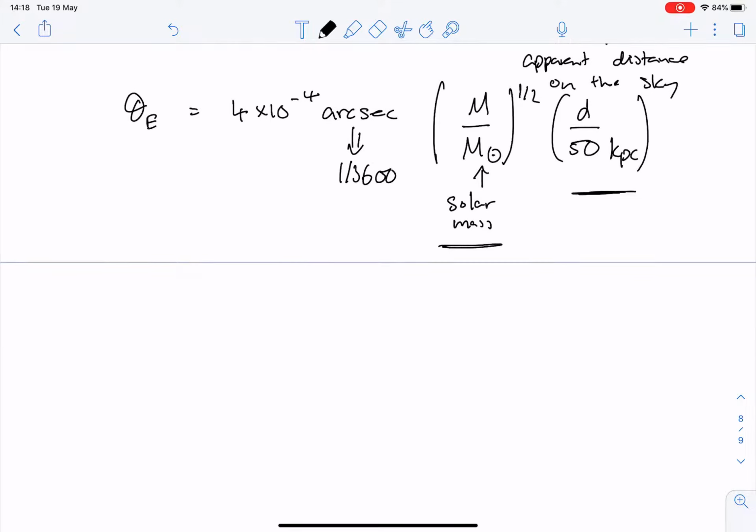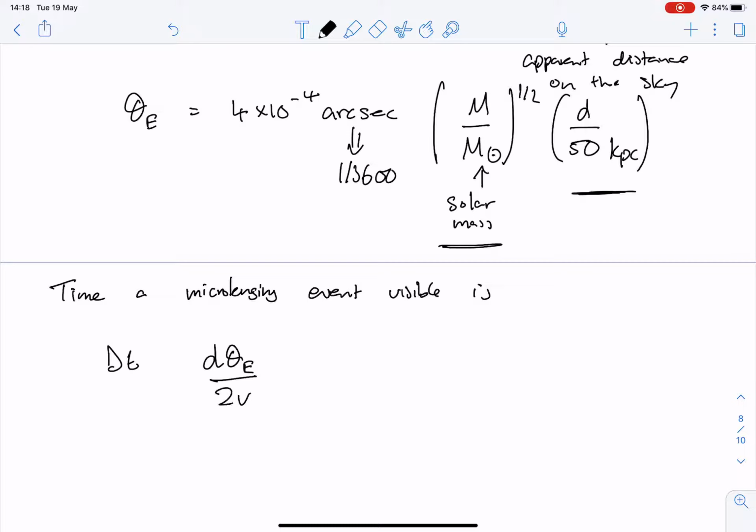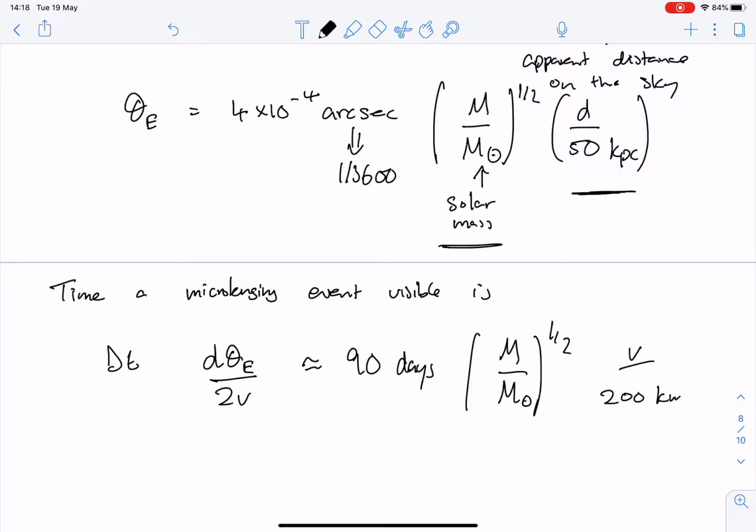And so you can work out what your time is. So the time a microlensing event is visible for is some delta t, and it's just d theta e over 2v, and it's roughly 90 days scaled by m over the solar mass to the half, and v in units here of 200 kilometers per second to the minus 1.